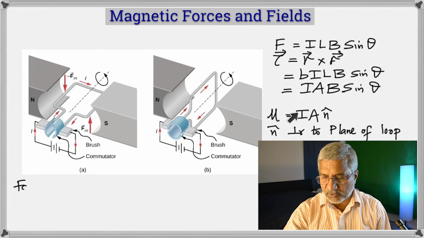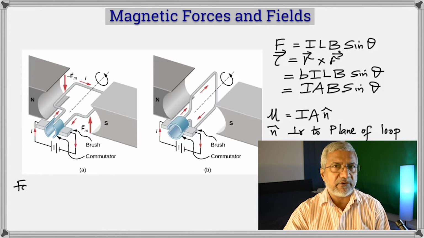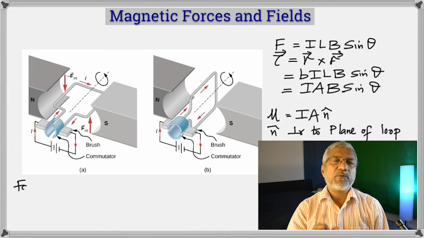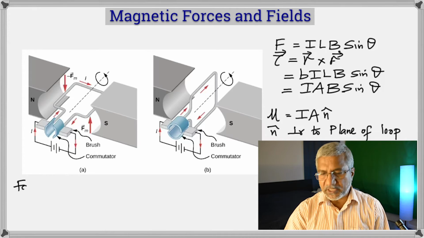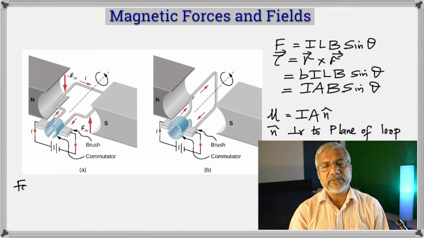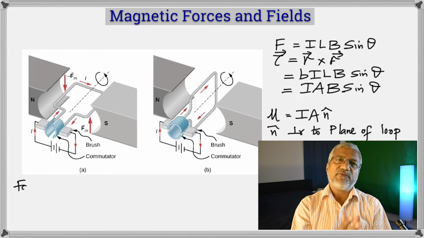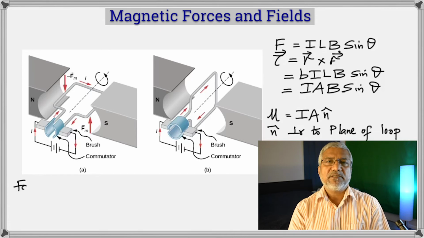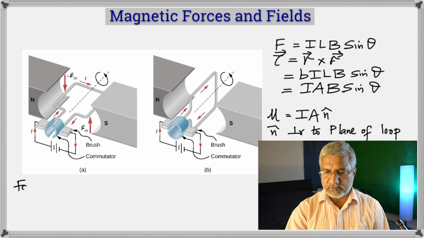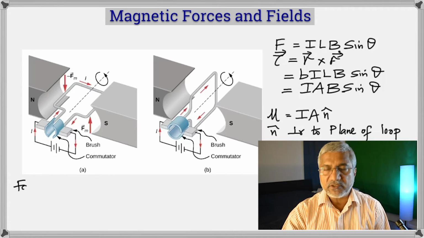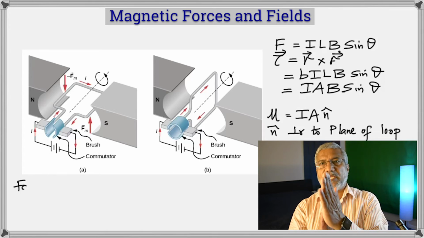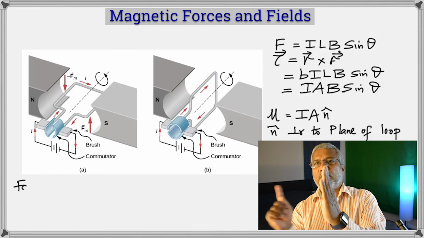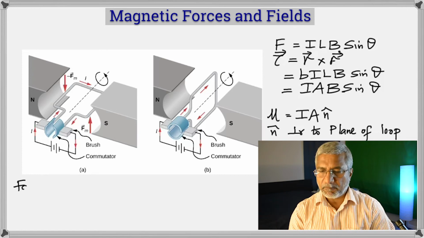It's simply the product of current and area. Important. What would the unit be? It would be ampere meter square. Yeah, ampere meter square. So the product of current flowing through a loop and its area is called the magnetic moment, represented by mu. And it has a direction which is perpendicular to the plane of the loop. So if that's the plane of the loop, the magnetic moment is perpendicular to it, okay?